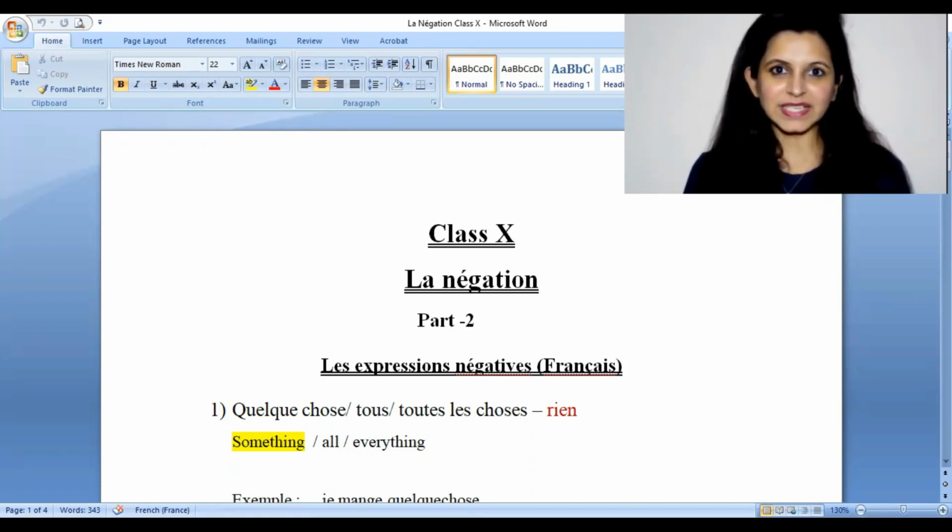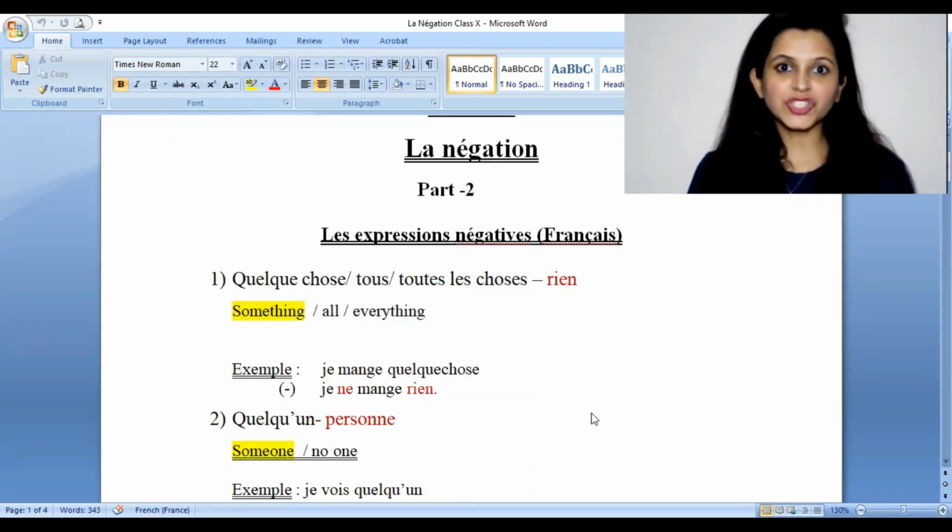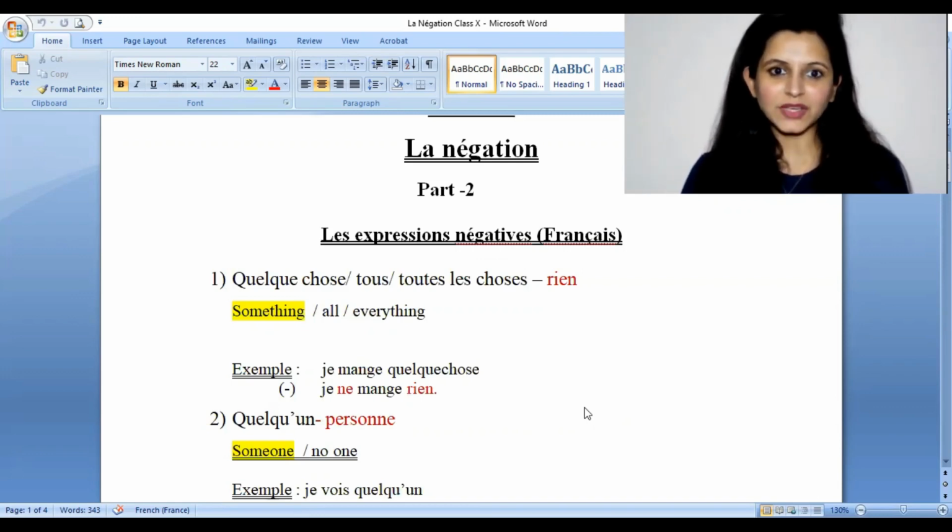So let's quickly see the negative words. The first word is quelque chose, which means something. So if this positive word is given in the sentence, for example, I've given the example on the screen. Je mange quelque chose. Now, quelque chose is something. So when you make the negative of the sentence, it will be je ne mange rien.